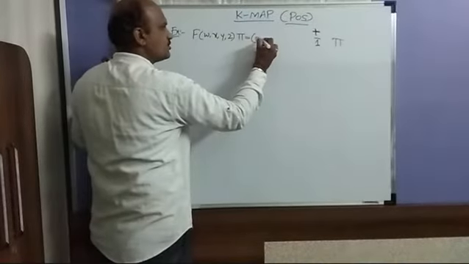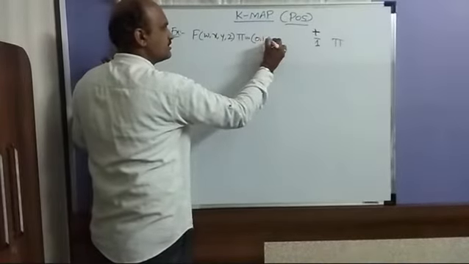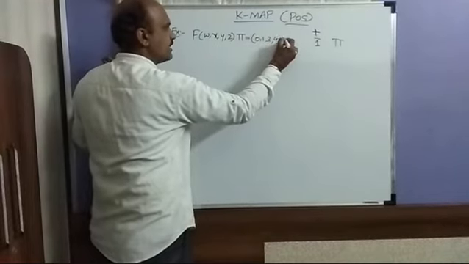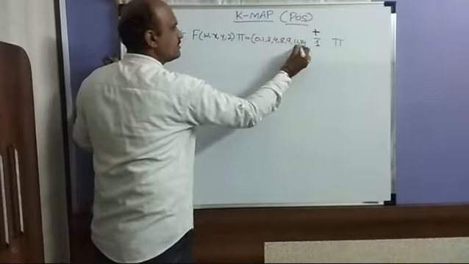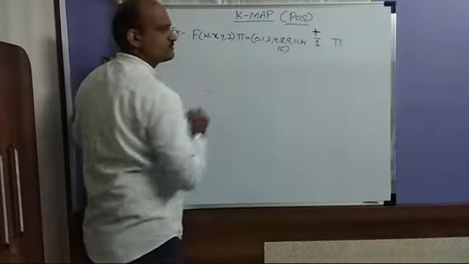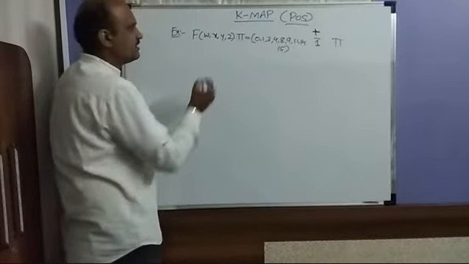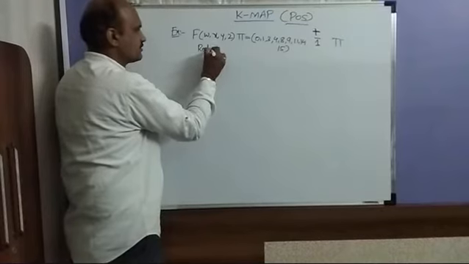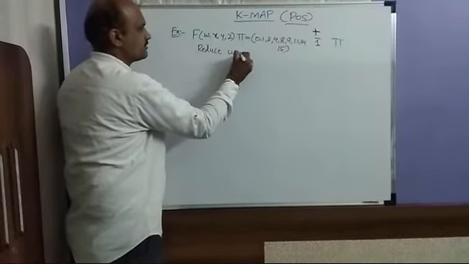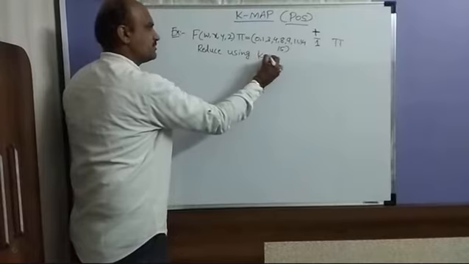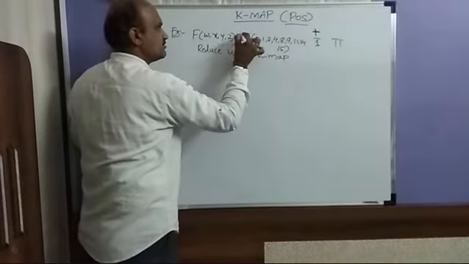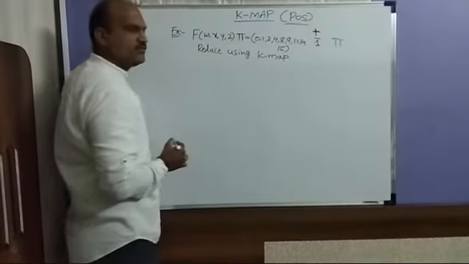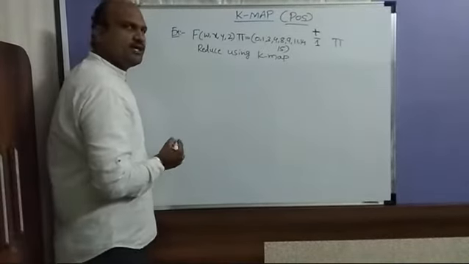So we'll have 0, 1, 3, 4, 8, 9, 11, 14 and 15. These are the numbers we will take. Reduce using K-map. This is the example for POS. This is the symbol you are using, it is pi. If it is a summation, then it is SOP.